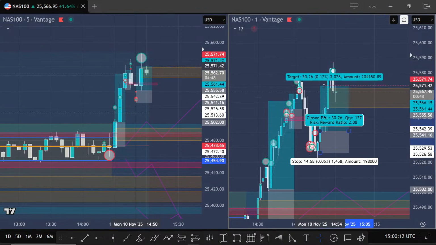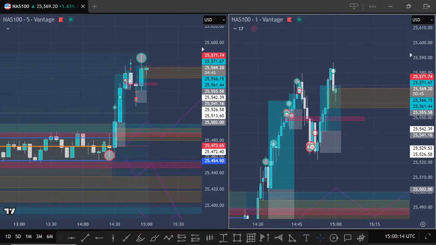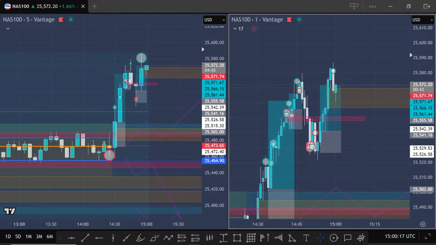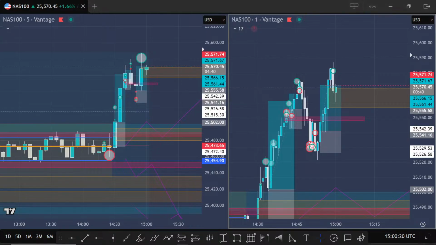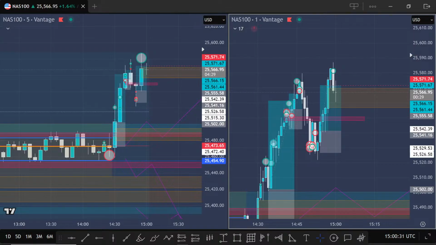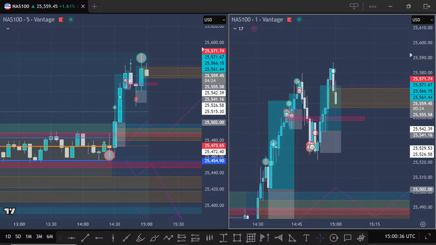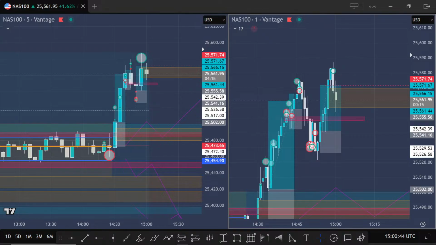See, I wanted to guarantee a 1 to 2. Knowing the low volume, it was very easy for it to get tested.